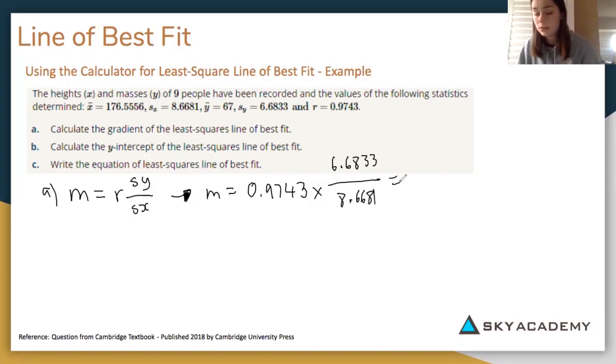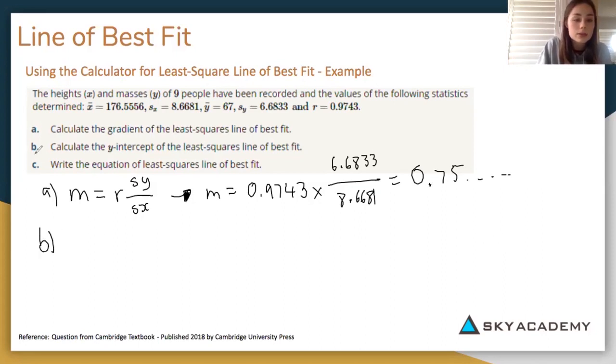And when you put that into your calculator, 0.9743 times 6.6833 over 8.6681, you will get a gradient of 0.75. So I just rounded it up there, but there were more values after that.